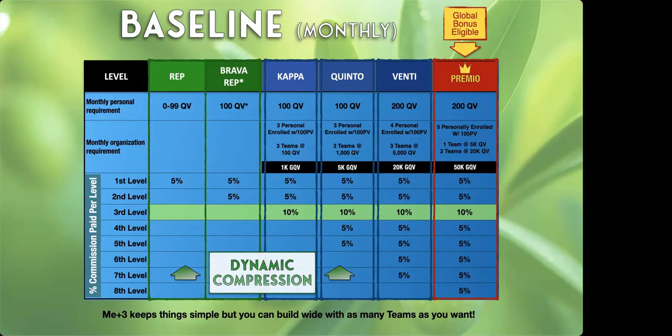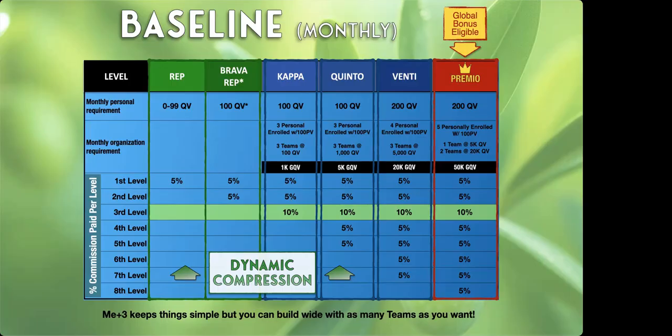The team requirement for Premio is 3 teams: 1 team that's doing at least 5,000 QV in volume for that month, and 2 teams each of which are doing 20,000 in total team volume within those 2 teams.